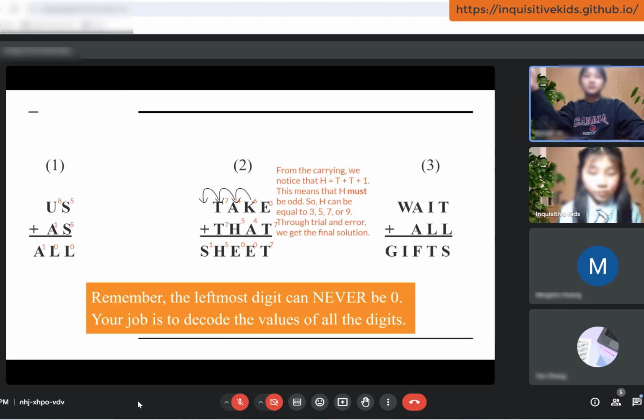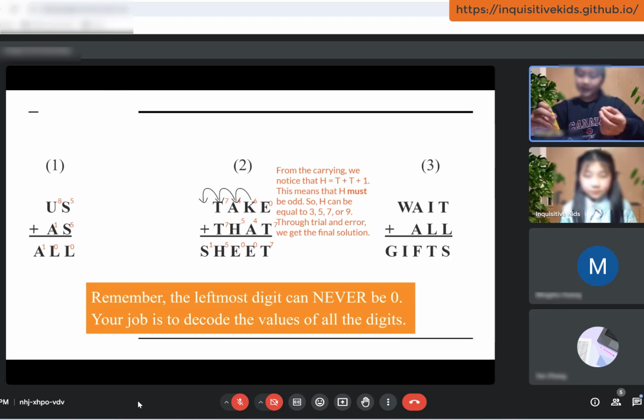And then we see that h is equal to t plus 1. This must mean that h has to be an odd number. So then h can either be 3, 5, 7, or 9.